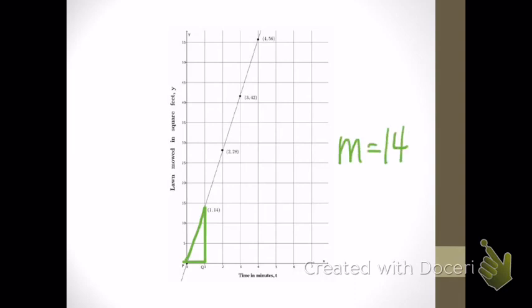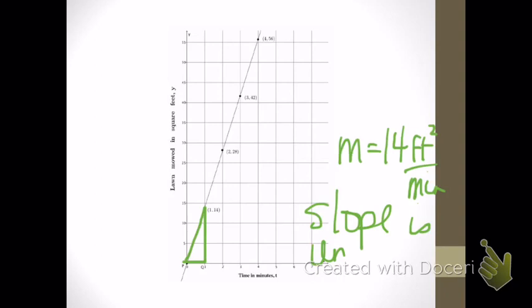And sometimes slope has units. In this case, it does. It's square feet per minute. Notice that the slope here is her unit rate. Remember, unit rate is the amount she could do in one of those units, in this case, minutes.